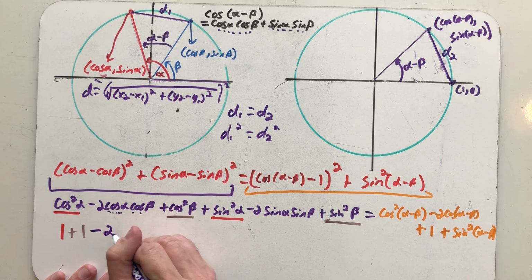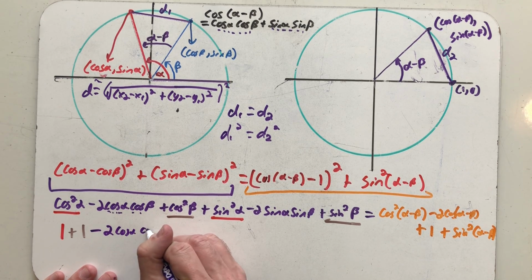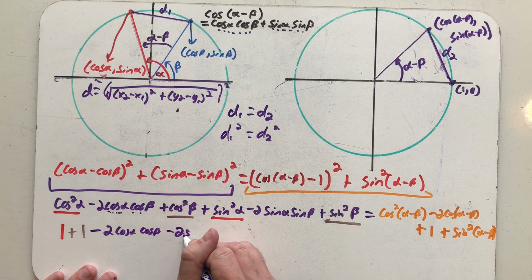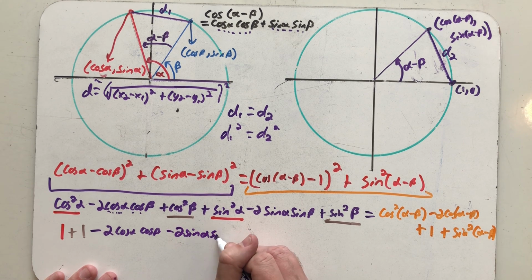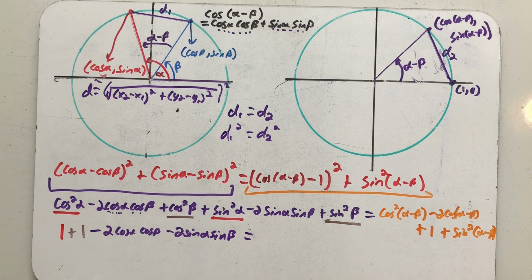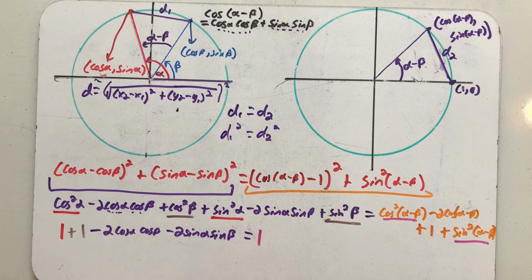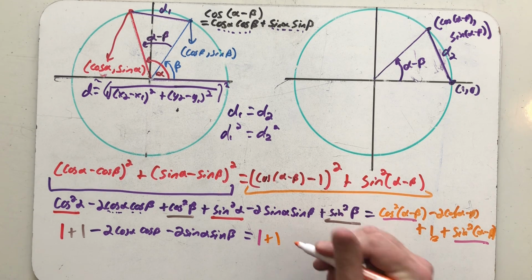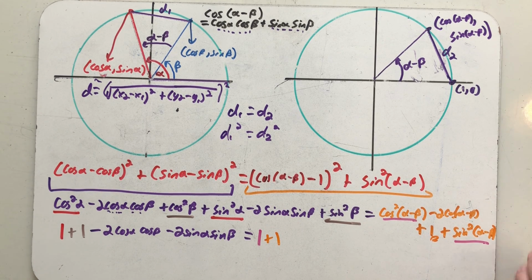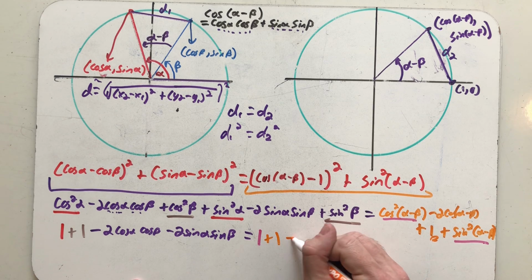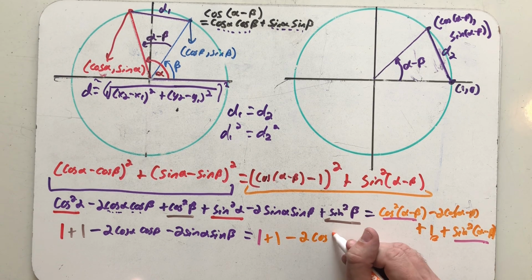But then I have the 2 cosine alpha cosine beta minus 2 sine alpha sine beta still hanging out, equal to cosine squared of alpha minus beta plus sine squared of alpha minus beta, which is equal to 1, plus that 1, minus 2 cosine of alpha minus beta.